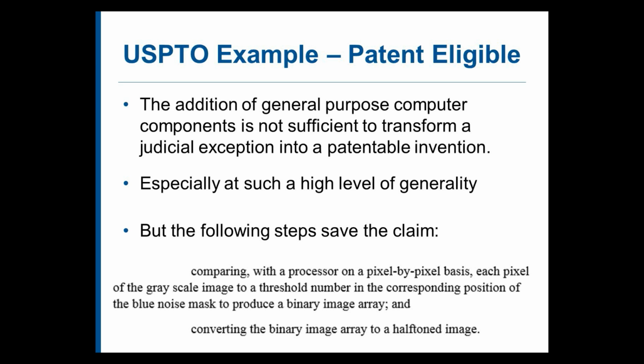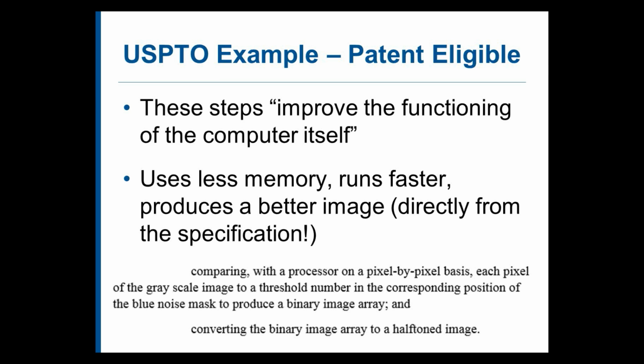And it was the comparing and the converting steps at the end of the claim. Essentially, the examples document noted that these steps actually improved the functioning of the computer itself. In other words, the computer used less memory, it ran faster, and it produced a better image as a result of these two steps. Now, how did it know that?